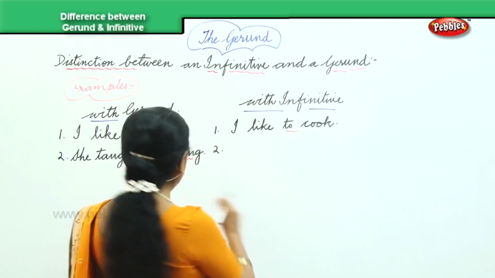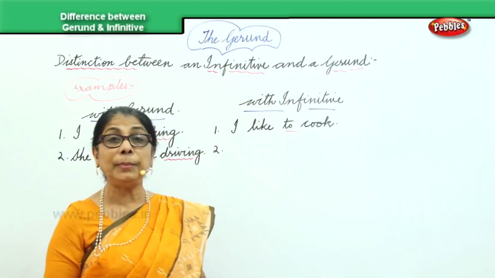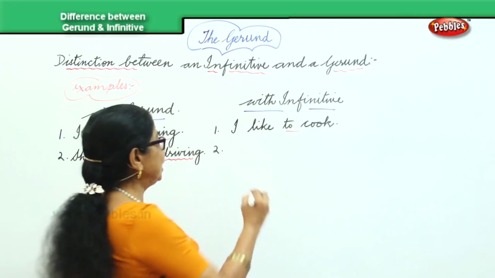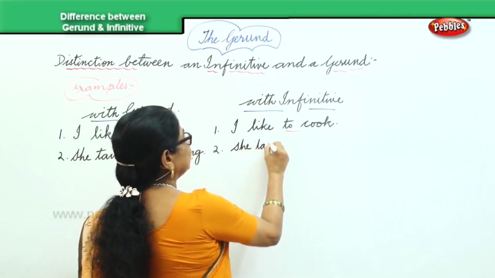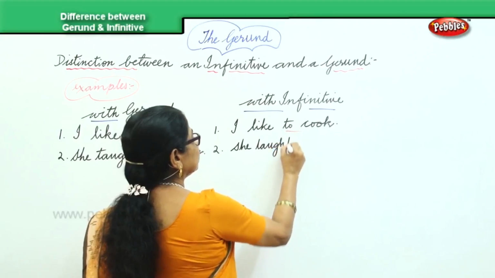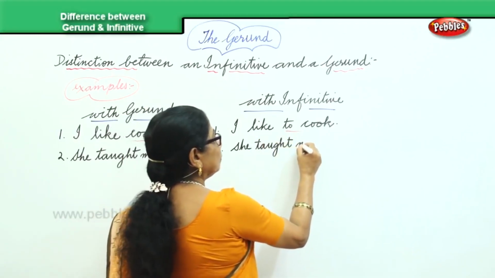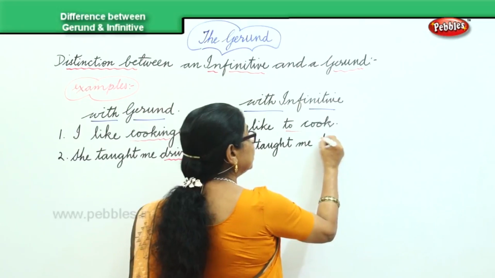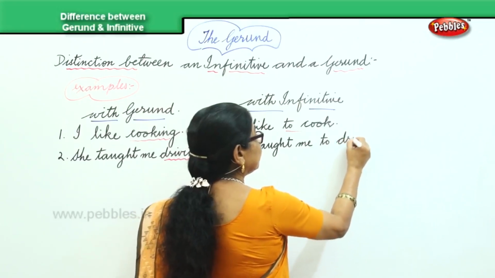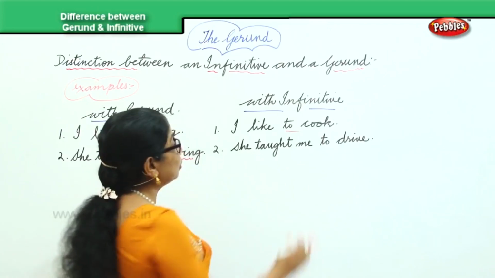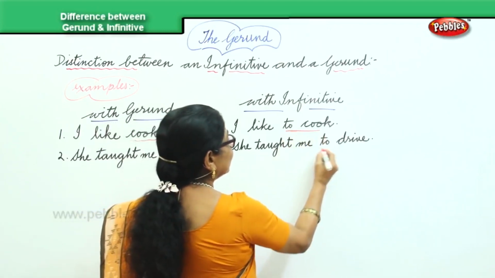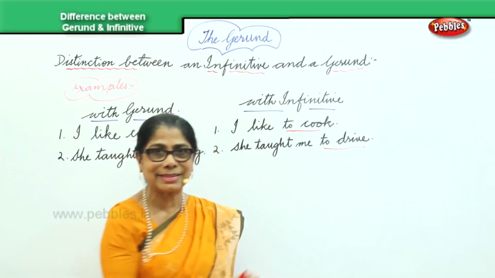So what will that be? She taught me to drive. In the infinitive, you add "to" to the verb. So, to cook, to drive. See the difference.